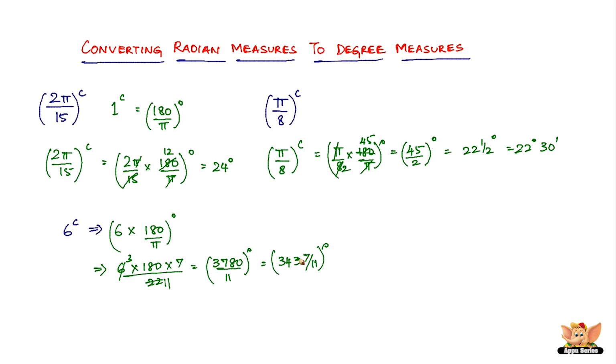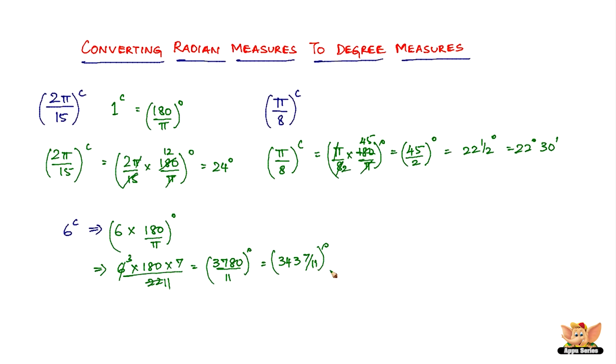Now all that you have to do to convert this 7 by 11 into minutes is, now we've got 343 degrees and 7 by 11 degrees. 343 degrees is a whole, but 7 by 11 is not whole. To convert that, we just have to multiply it by 60 minutes, because 1 degree equals 60 minutes.